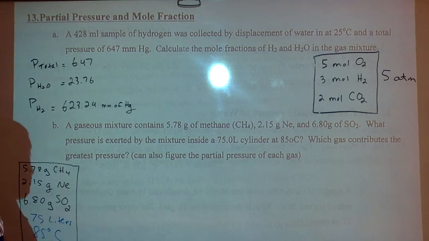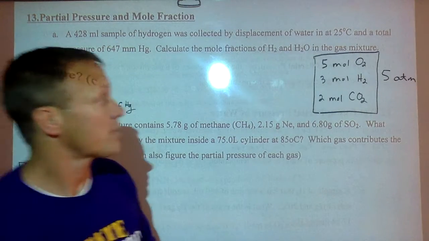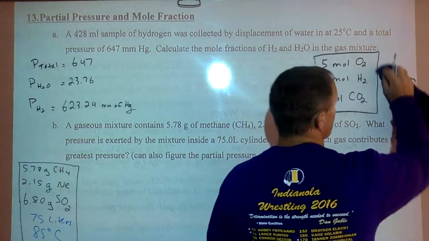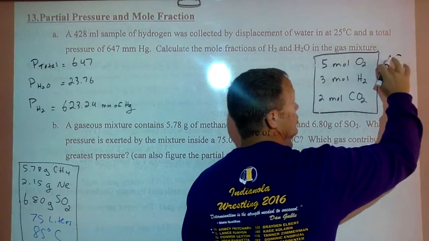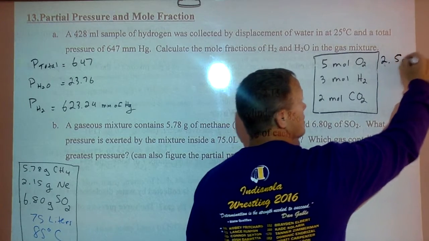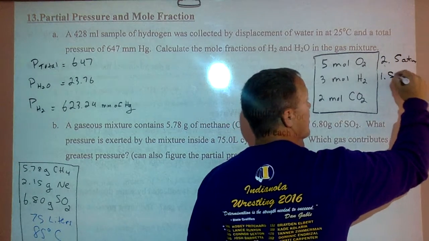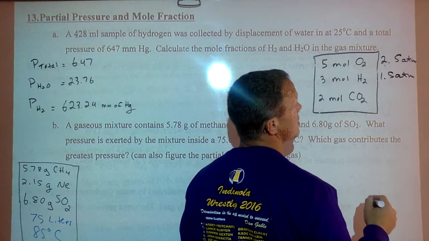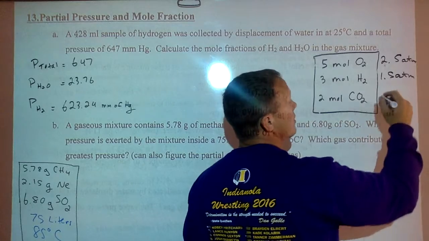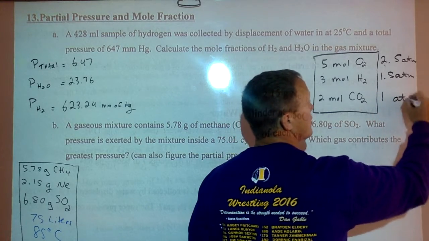Okay, so a couple of ways we could do this, actually. If we go back to this one, again, we said that the total pressure in here was 5 atmospheres. I said that this one was 2.5 atmospheres, 1.5 atmospheres. I did that wrong, didn't I? No, that's 4. And 1 atmosphere.